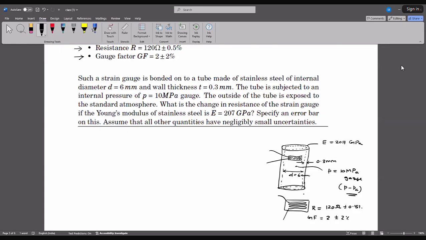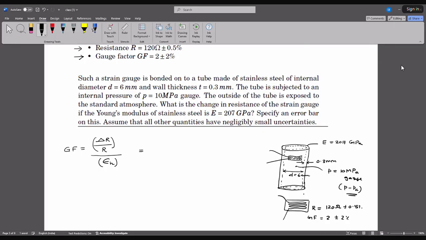Okay. So now with all these, how do we approach? First, we need to calculate the hoop stress and then hoop strain, right? Because we know that the change in resistance delta R over R divided by the hoop strain is nothing but gauge factor, the output divided by the input.